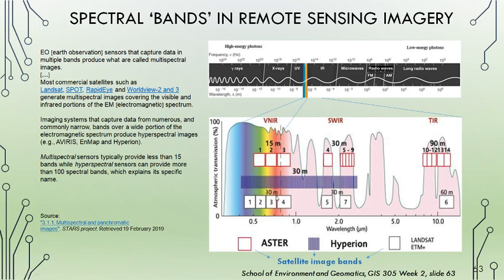This 30M denotes 30 meters, and what this means is that the pixel on the ground for a Landsat ETM Plus image is 30 meters by 30 meters in size. It is the same for the Hyperion data. However, it varies for the Aster data from 15 in these high energy wavelengths to 30.